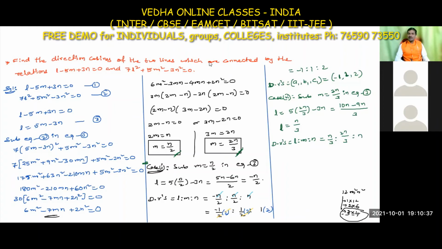In all the terms, whatever is common, you can cancel with that, means n we can cancel directly. So whatever we have, I am writing here 1 by 3, 2 by 3 and 1.